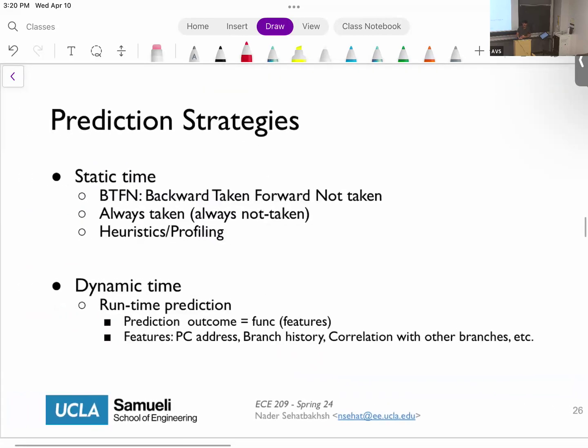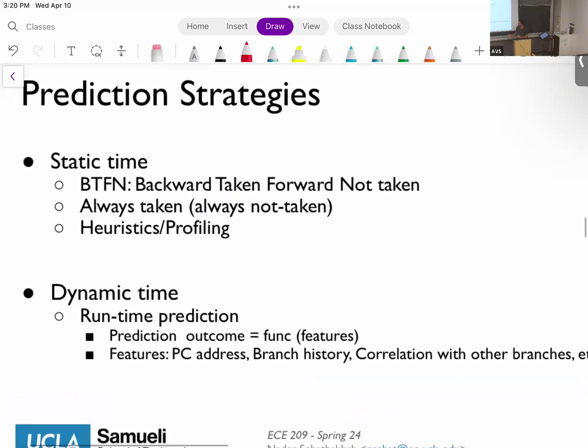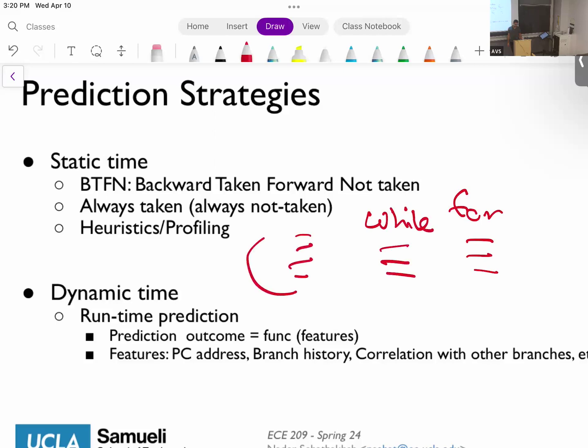Another thing we can do is use BTFN, a strategy that is backward taken, forward not taken, because essentially most of the backward branches are taken. When you think about for loops and while loops, these are all backward branches, right? So you do things and then you jump back. You do things and then you jump back. It's not always the same.